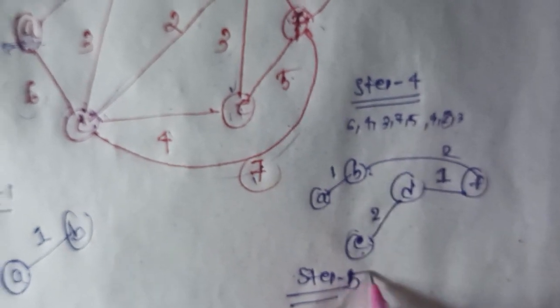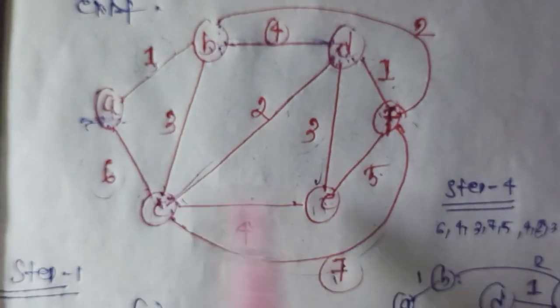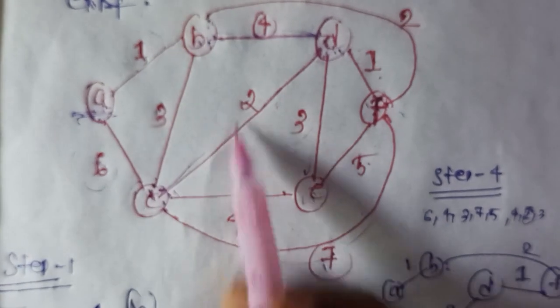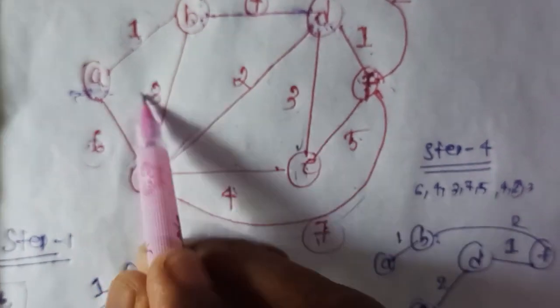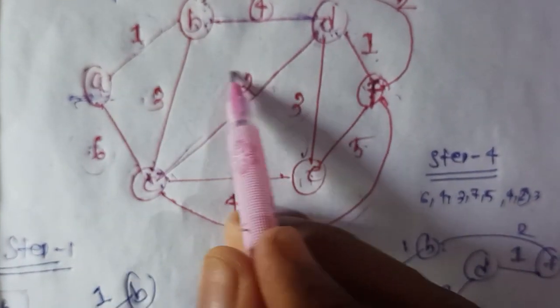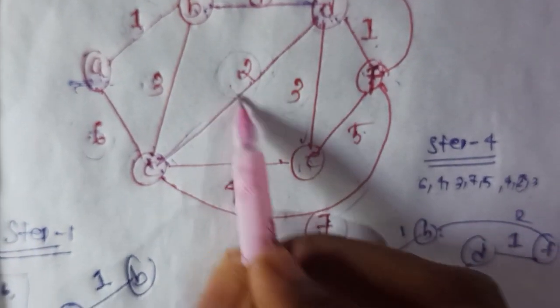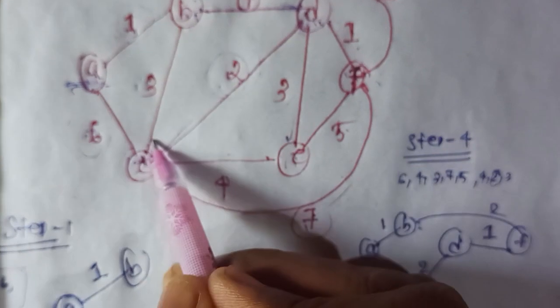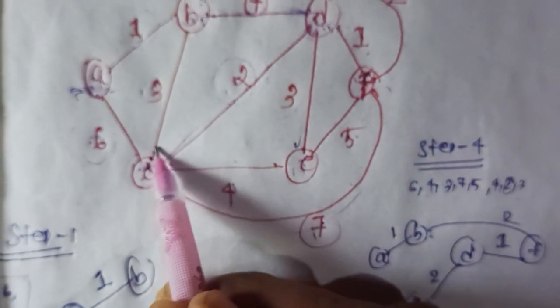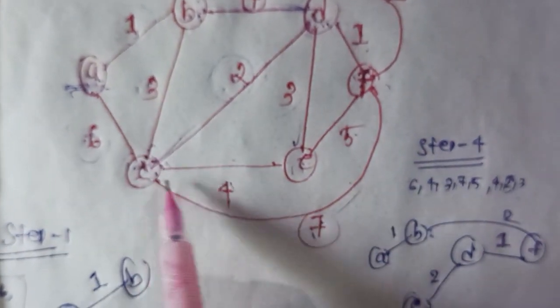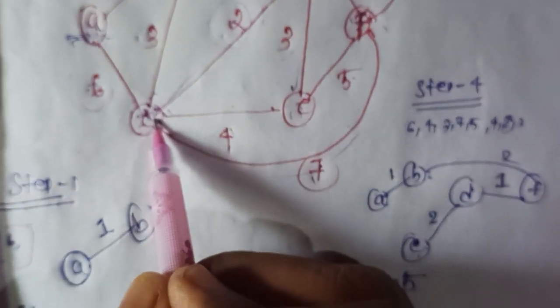Step number 5, sorry. So here what can we choose? What is the minimum? 2 is the minimum, but we have already done this. Okay, so the next minimum is what? 4. Yes or no? Yes.